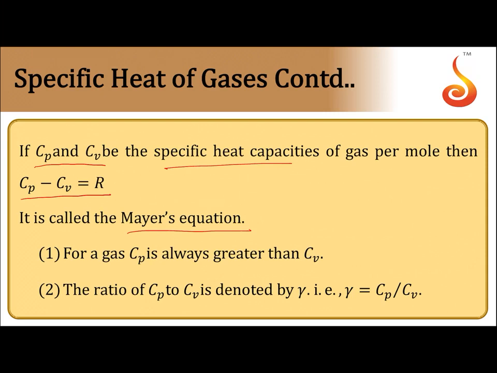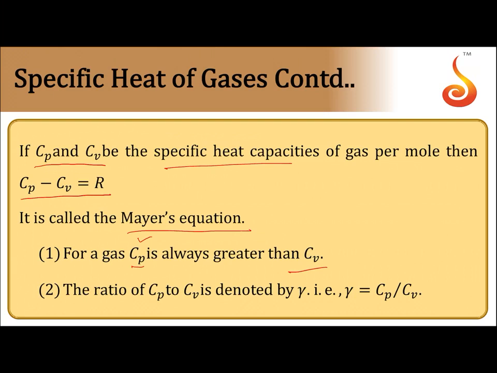So for any gas, Cp is always greater than Cv. This is because during the supply of heat, in both cases, constant pressure or constant volume, whichever condition you are heating it at, you have to increase the temperature by the same amount.